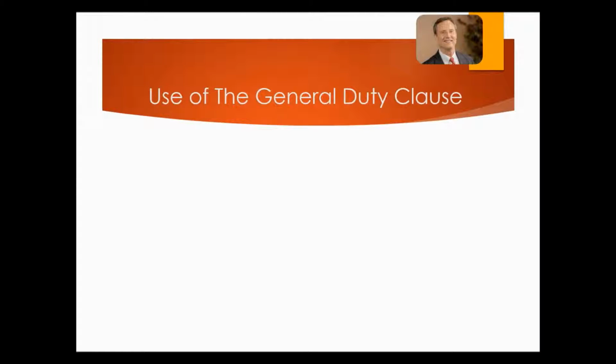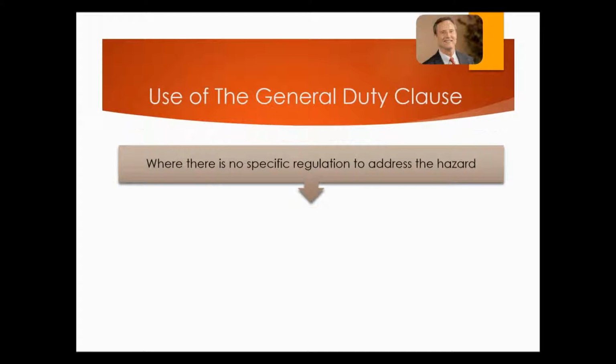Now let's talk quick about the use of the general duty clause. The only time OSHA really can use the general duty clause is when there is no specific regulation or standard that is applicable. However, you need to know that if a standard does not address all of the potential hazards, OSHA will many times use the general duty clause in conjunction with a citation for a specific hazard.